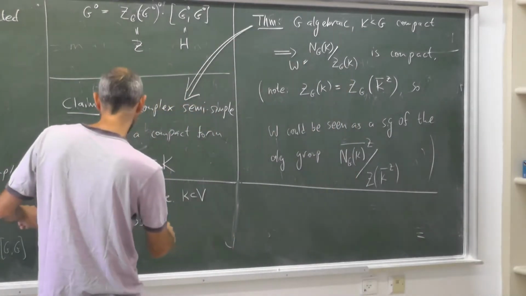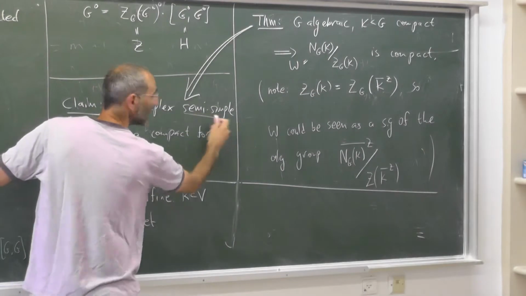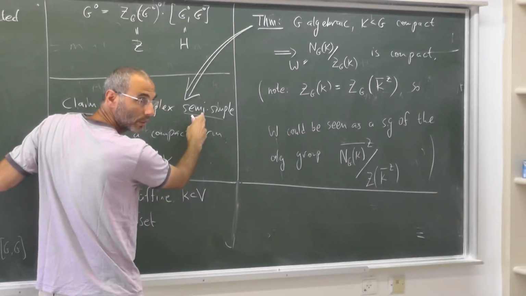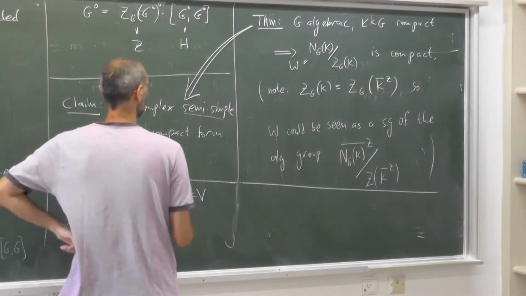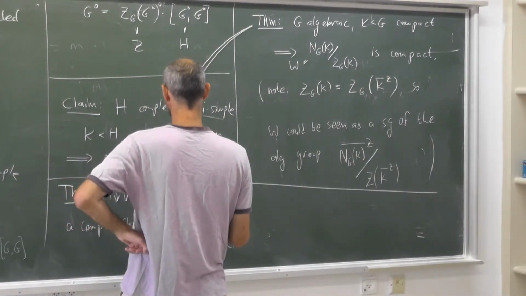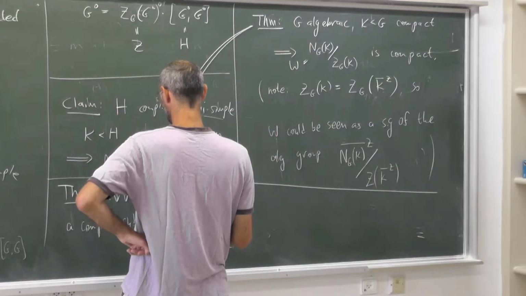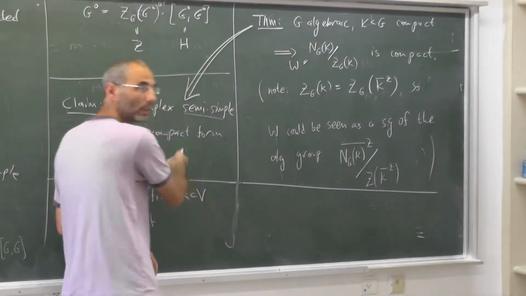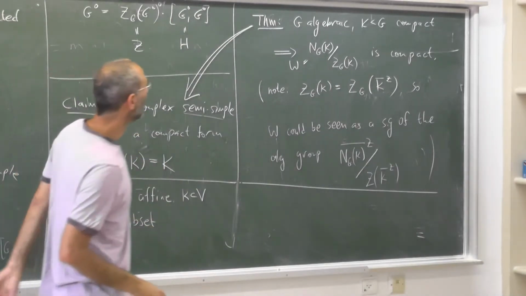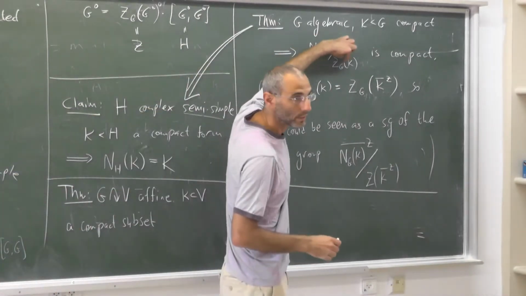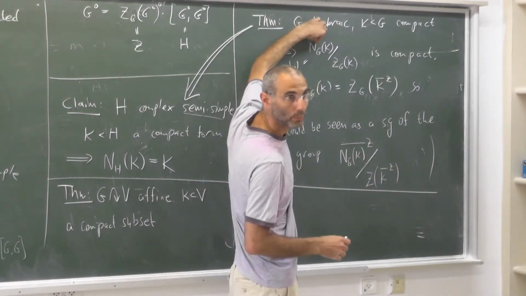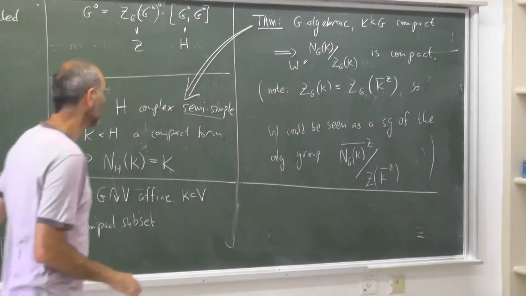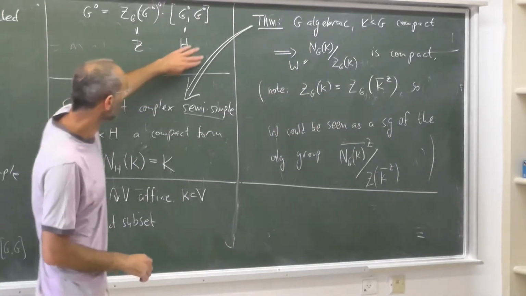But in the theorem that we are proving, G is semi-simple. So it has a finite center, and so this piece is finite. So if the quotient is compact, also that piece alone is compact. Okay, so that's about this implication.